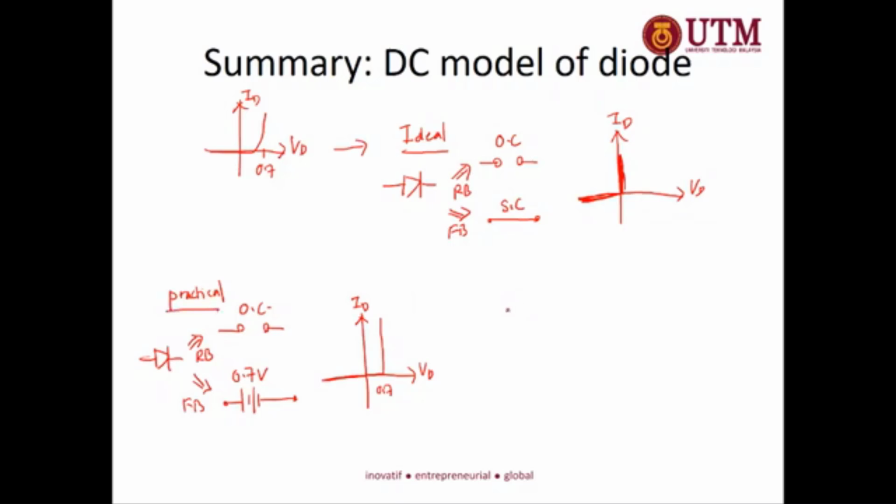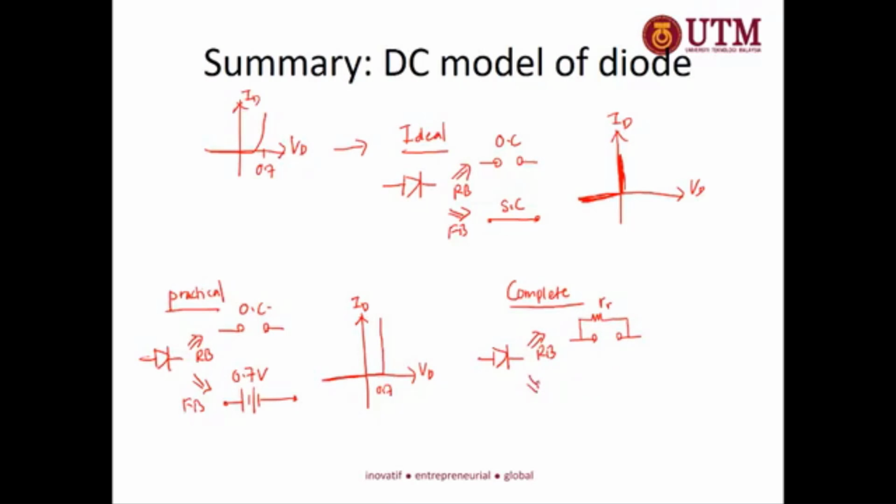And the last one is the complete model. In the complete model, at reverse bias there is an open circuit, but in parallel we have a very large resistance, the reverse resistance.